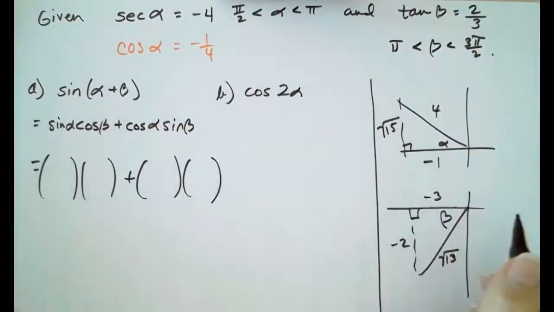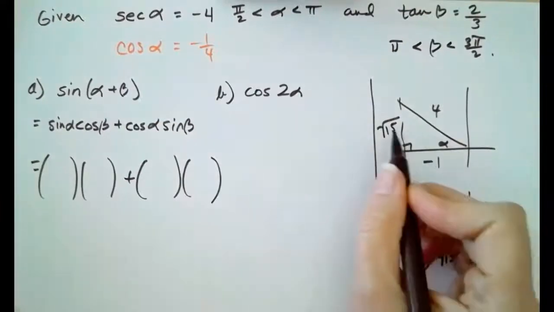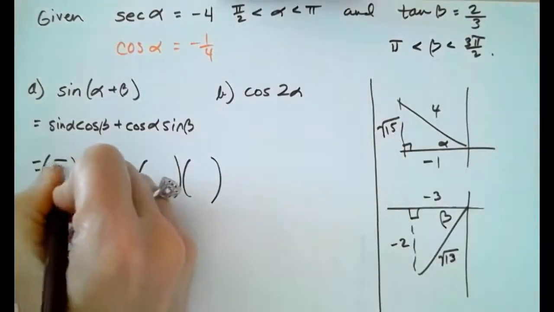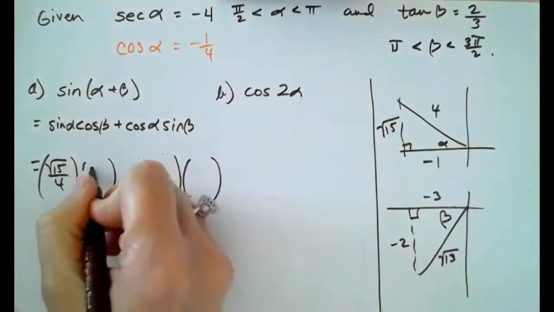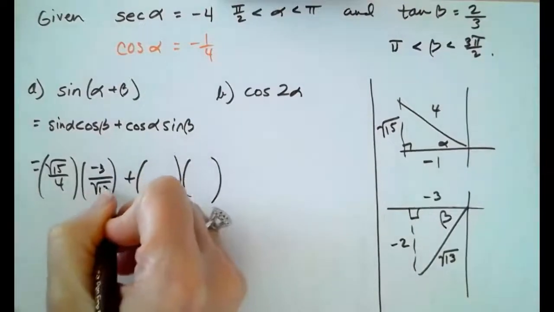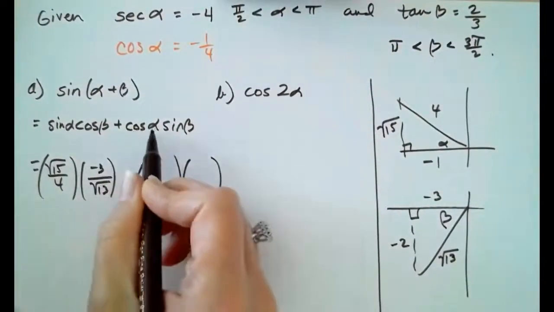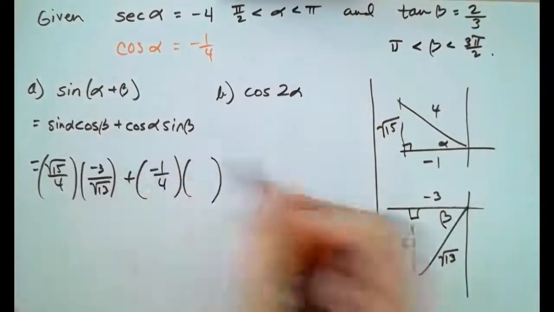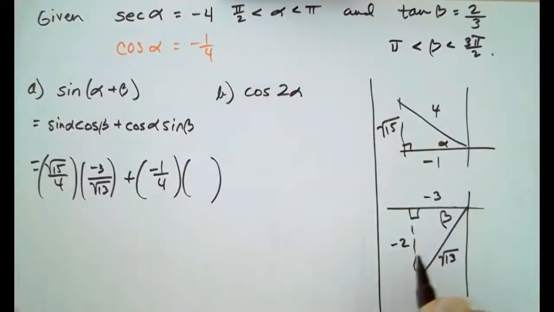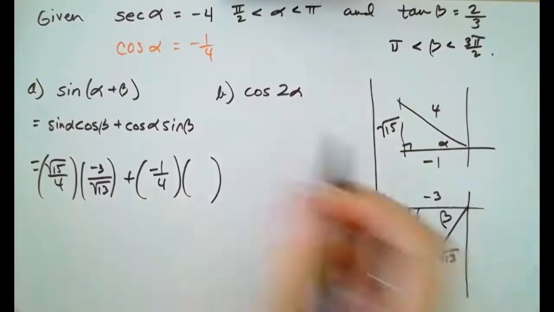Sine of alpha is root 15 over 4. Cosine of beta, -3 over root 13. Next, cosine of alpha, -1 over 4. Sine of beta, -2 over root 13.